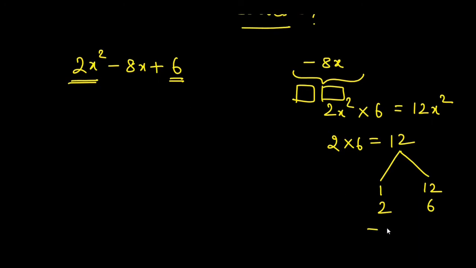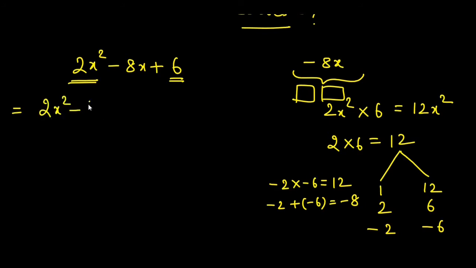So we have to take minus 2 and minus 6. Minus 2 into minus 6 is 12, and minus 2 plus minus 6 is minus 8. So this can be split as 2x square minus 6x minus 2x plus 6. Here we have written minus 8x as minus 6x minus 2x.